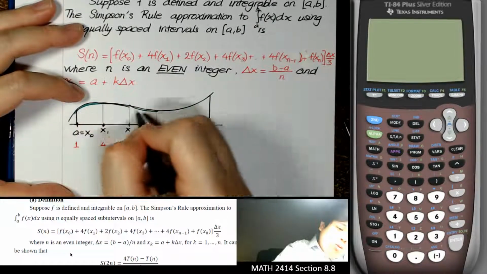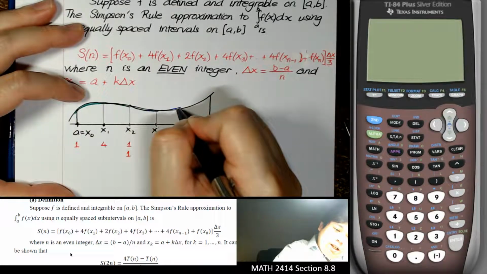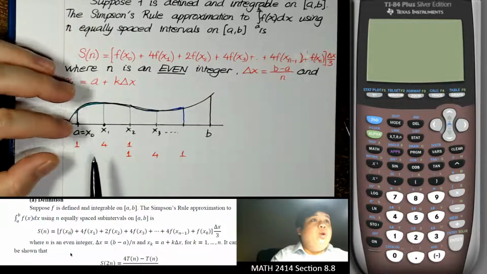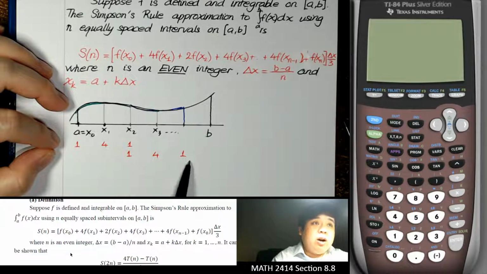So that is one parabola, and this is another parabola. And so the coefficients pretty much are 1, 4, 1, 1, 4, 1, 1, 4, 1.